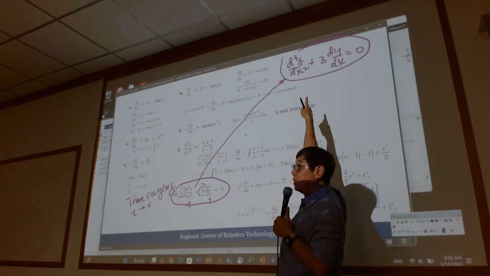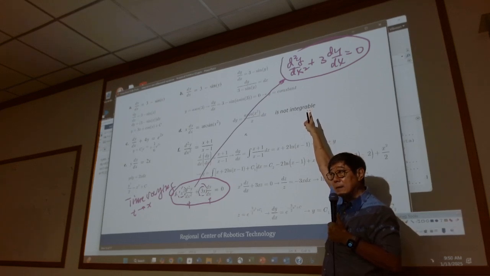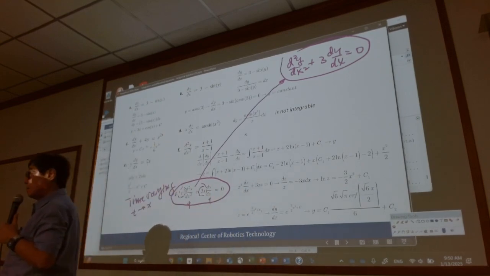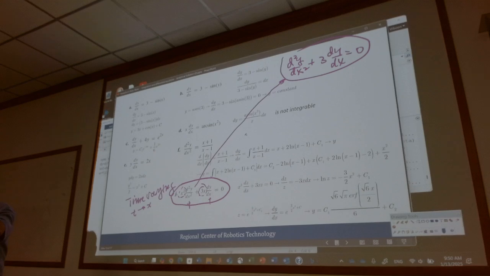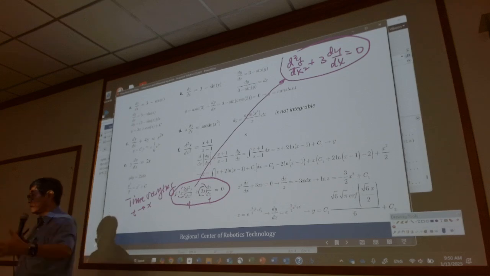That's time invariant, linear, very easy to solve with some other method that I will show you in the future. Time varying is more difficult actually.